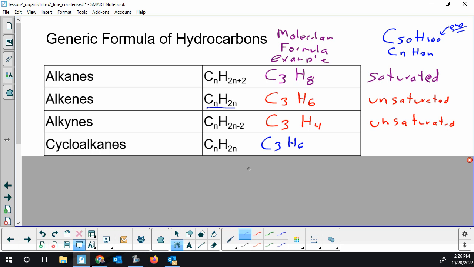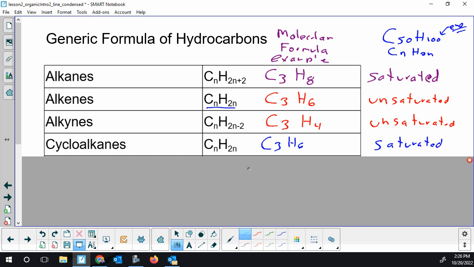If you have 3 carbons in a row with 3 H's at the end, when they make the ring and the carbons connect, you have to lose an H at each end to go from a straight chain into a ring. And that's why you don't have the +2 in cycloalkanes. It's the making the ring that pops out some H's. Okay. Now these are still deemed to be saturated.